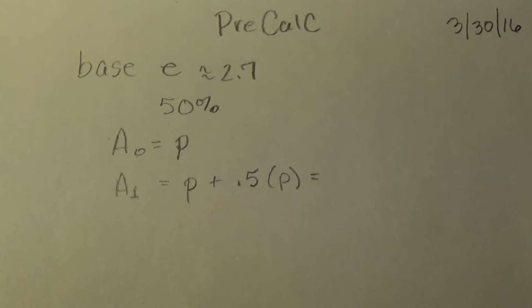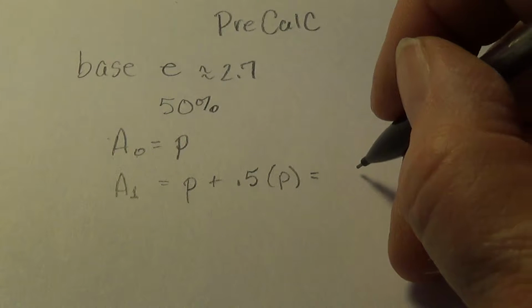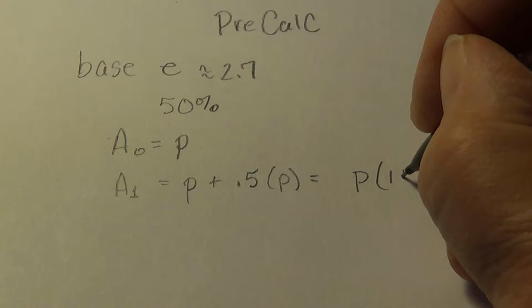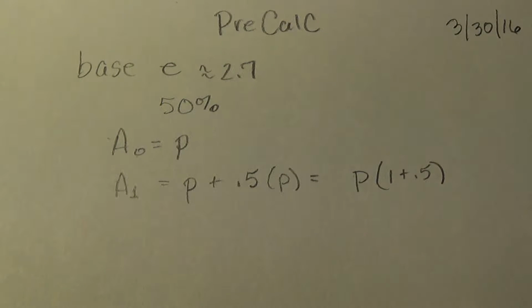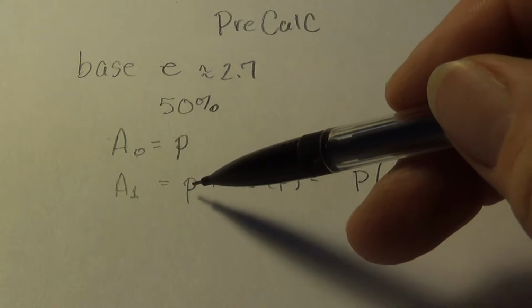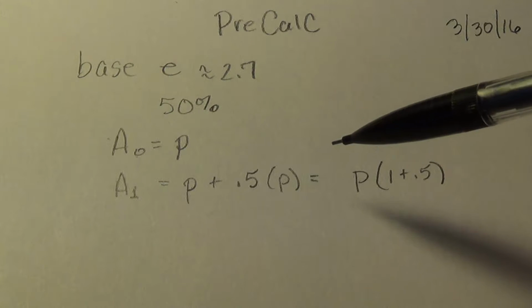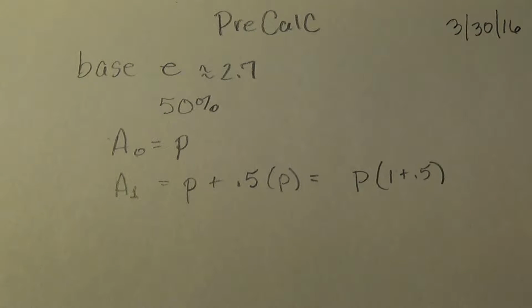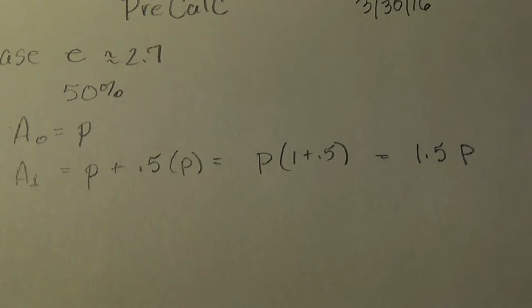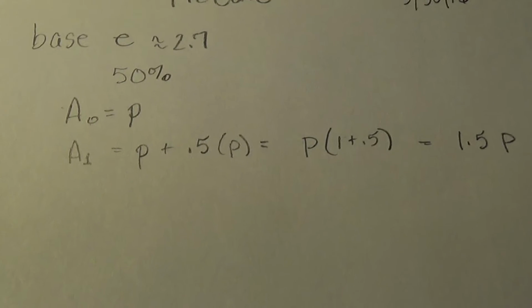So simplifying that, I can factor out the P, and I get 1 plus 0.5. Or you can think of just adding 1P plus 0.5P is 1.5P. All right, so that's simplified, whichever way you want to look at it.